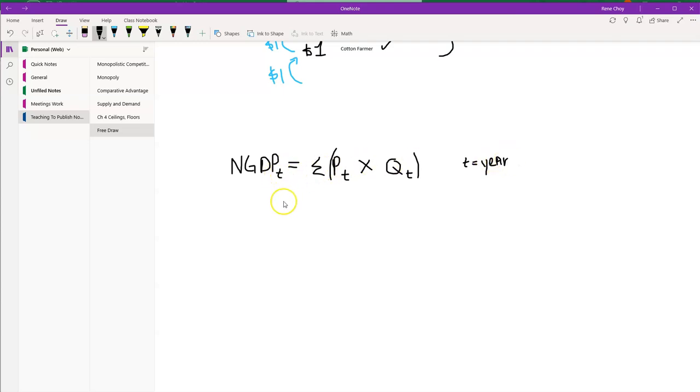So let's say you want to calculate GDP for the year 2010, you will do the summation of prices in 2010 times quantities in 2010.